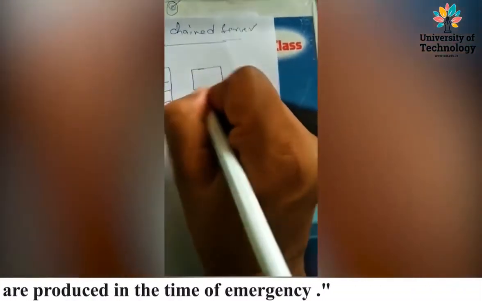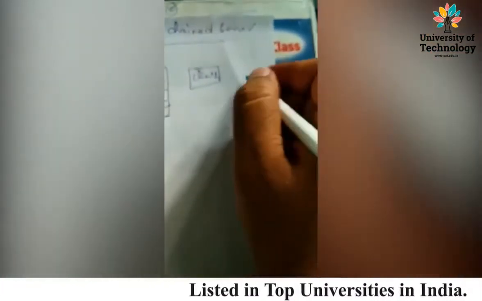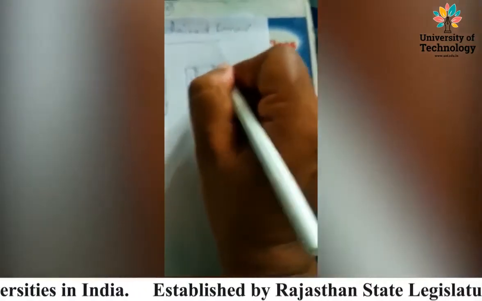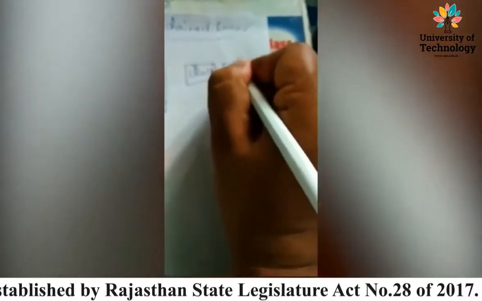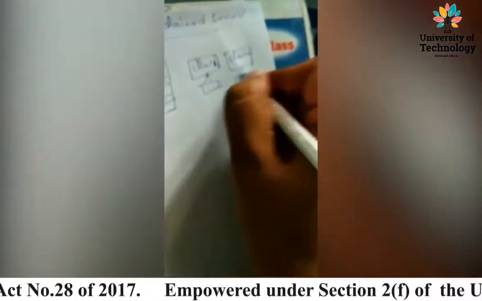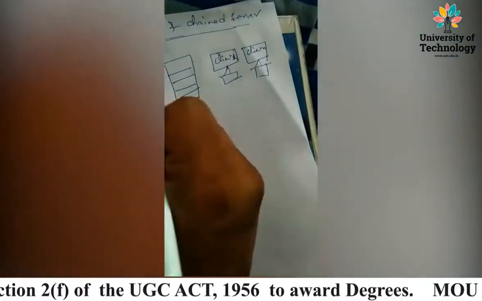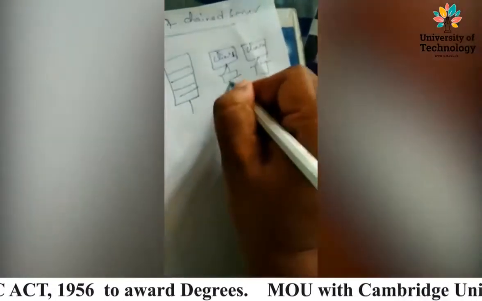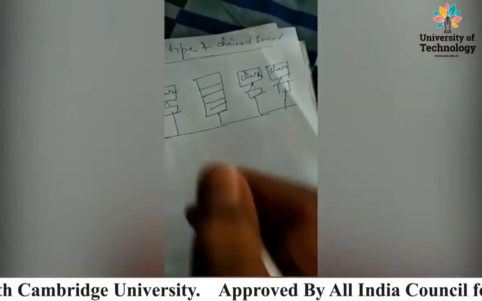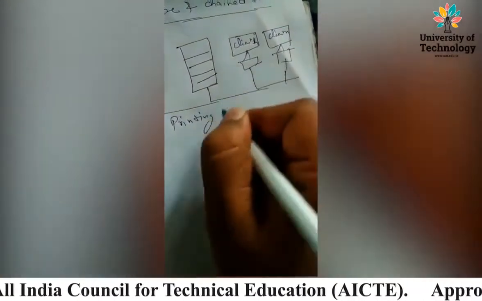Next, client 1, client I, and client N. So this is called the printing service.